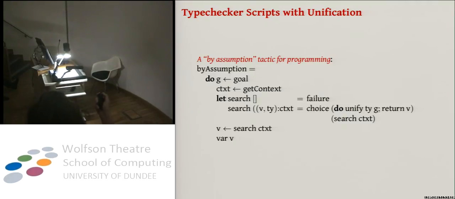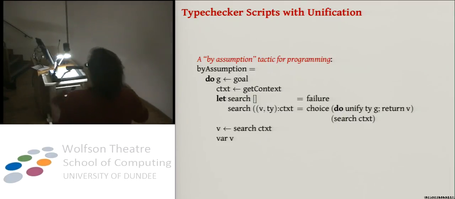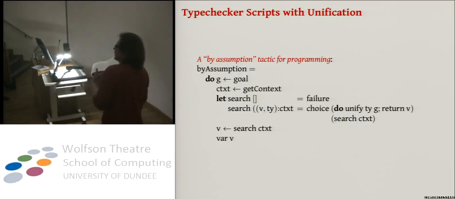So we look at the goal, we get the context, then we write this little search thing to look through the context. If we get to the end of the context and haven't found anything, it fails. Otherwise, it tries to unify the goal type with the type of something in the context. If that works, then it returns it and uses it as a variable. Otherwise, it carries on and searches the rest of the context. We can start to write little tactics by building up these combinators for building a type checker script.